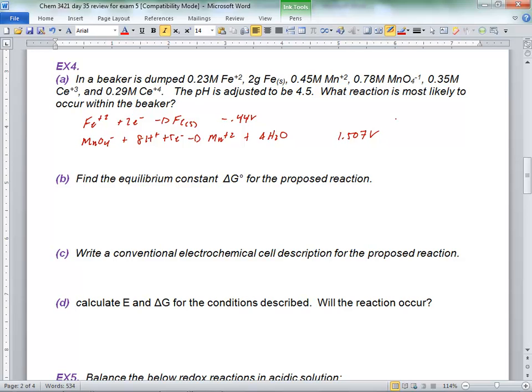What is that? Cerium. On the cerium, you're going to have to pick 1.72 because they didn't tell you the formal, you just know the pH is 4.5. It's not going to be one formal anything, so it's going to have to be the 1.72.